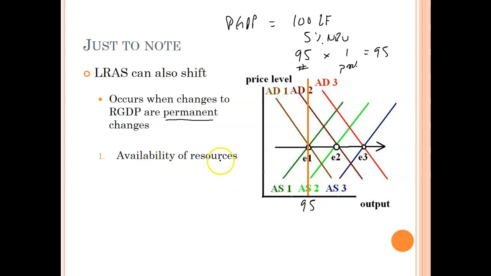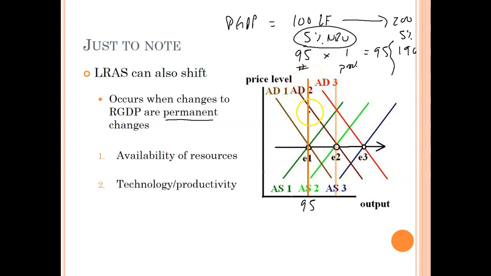What happens if the available resources increase to 200? Well, I still maintain a 5% unemployment rate, so now I'm going to have 190 workers. If they still have a productivity of 1, then they produce 190 units. They're still at full employment, still at their potential, but that has shifted over. What else can do that?